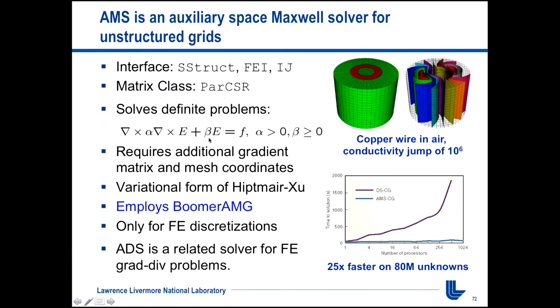The negative is an indefinite Maxwell problem, which is much harder than this, and this is hard enough. It actually builds on top of the BoomerAMG solver, so you get all of the scaling benefits that BoomerAMG has in this solver as well. But it applies to all kinds of complicated problems. And ADS is related to it. It's another solver in HYPRE, but it's for grad div problems.